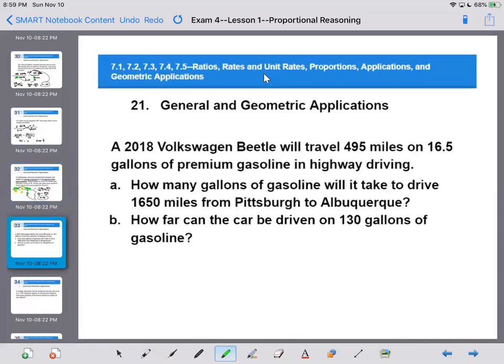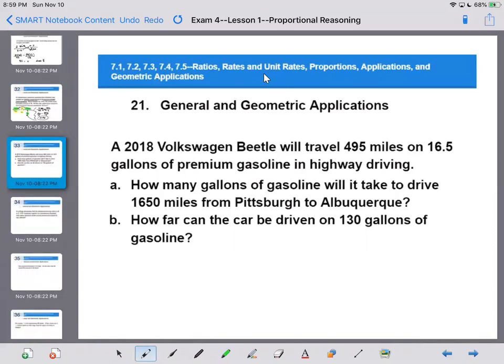A Volkswagen Beetle can travel 495 miles in 16.5 gallons. How many gallons of gasoline will it take to drive 1,650 miles? Well, this would be a proportion.